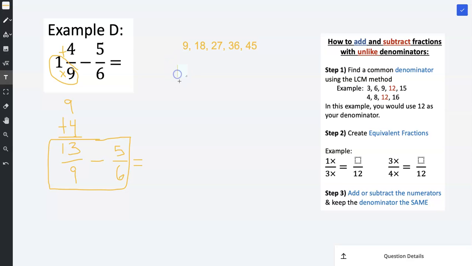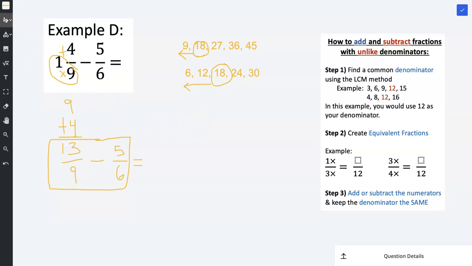Now I'm going to record my 6s. 6 times 2 is 12, 6 times 3 is 18, 6 times 4 is 24, 6 times 5 is 30. Let's see if they have anything in common. All right, they have an 18 in common, and I don't see anything smaller they have in common. So I know that I need to use a denominator of 18.